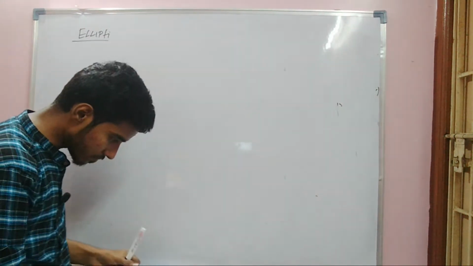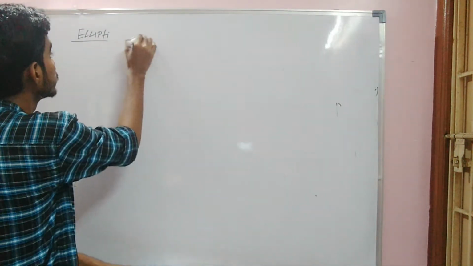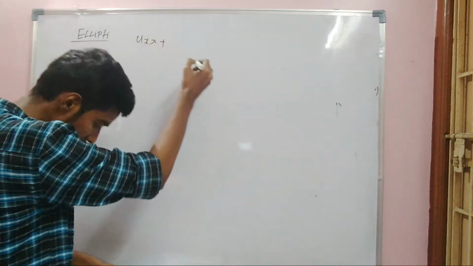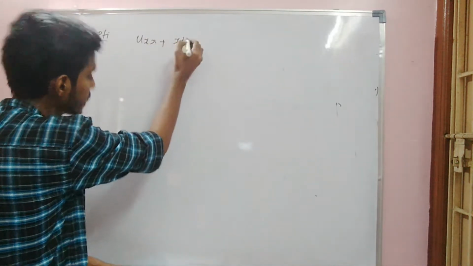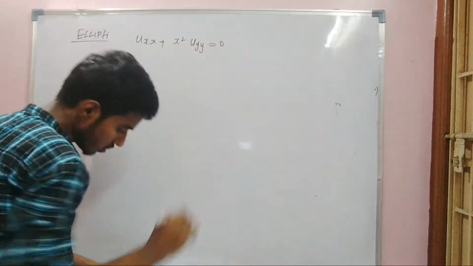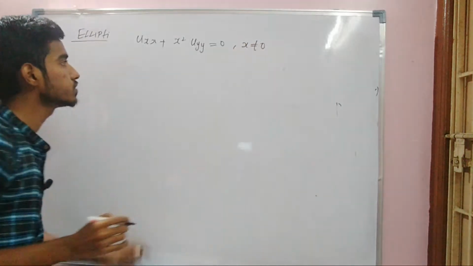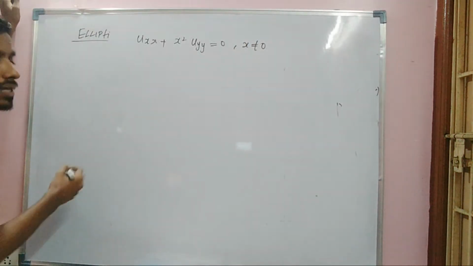So, last problem: u xx plus x square u yy equal to 0, where x is not equal to 0. First we will classify this as elliptic or hyperbolic.